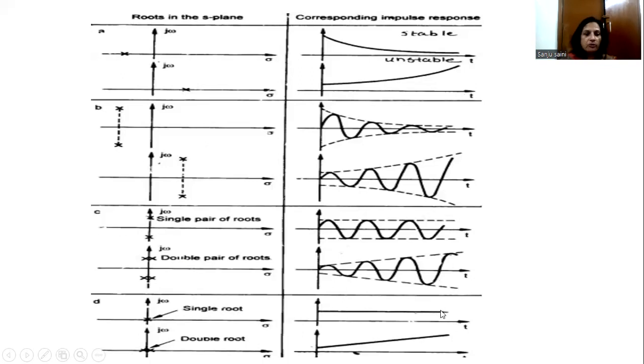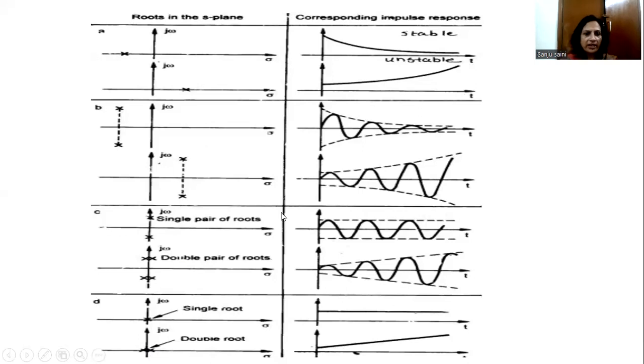The system is said to be marginally stable if this amount of output corresponds to the margin of stability defined by us. But if we have repeated roots at the origin, that results in an output that keeps on increasing. So the system has a tendency to become unstable.